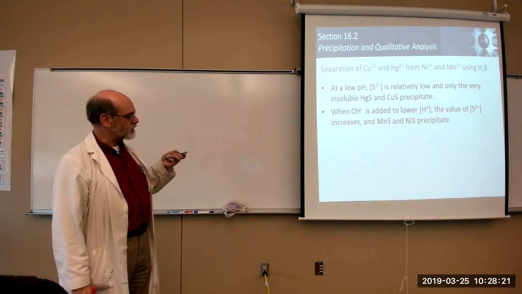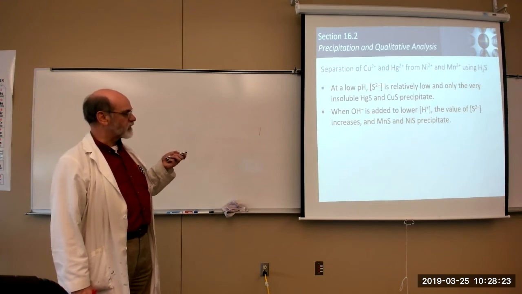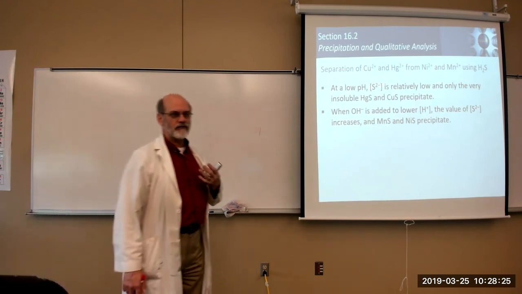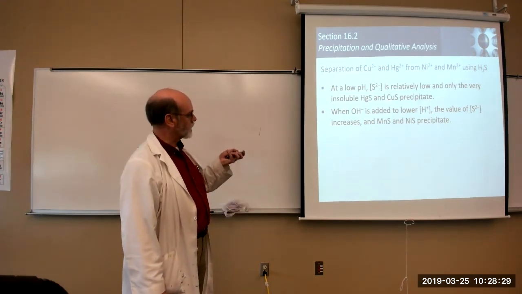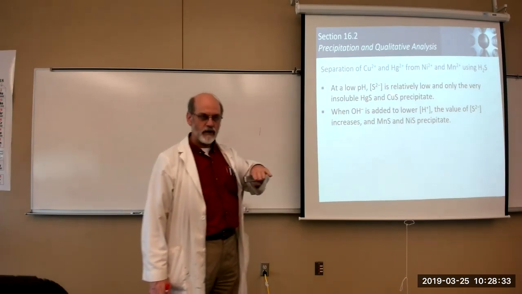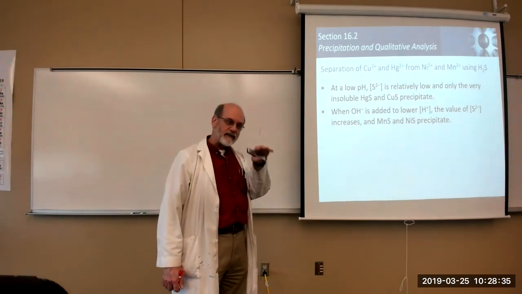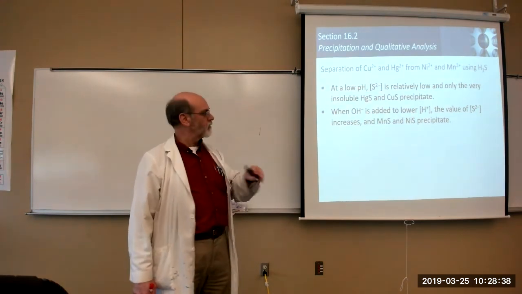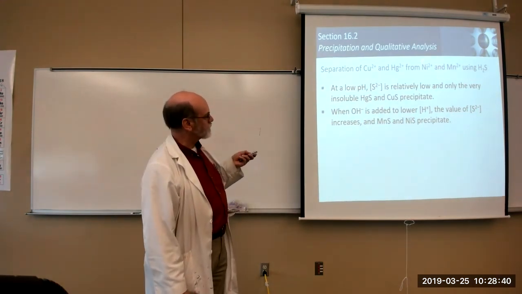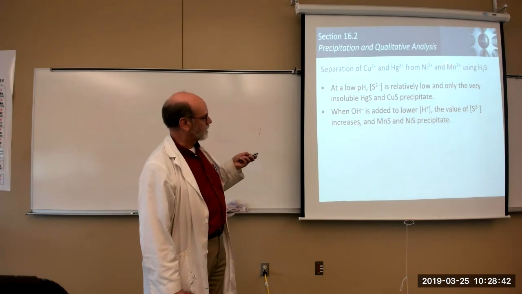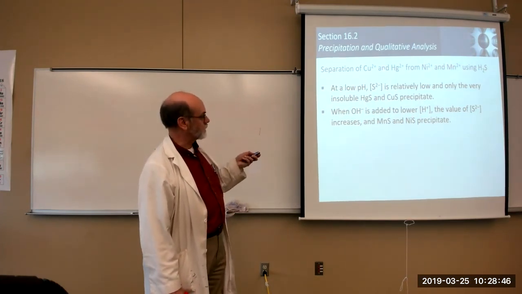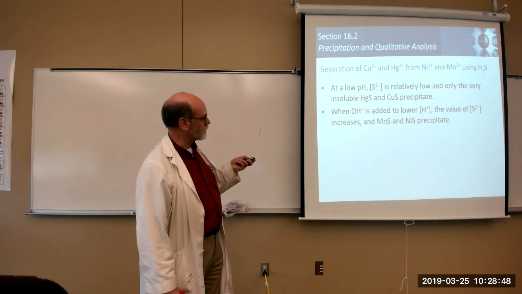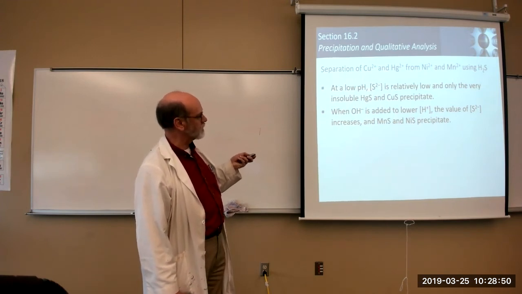Which means if you keep this low, then only the very insoluble sulfides will come out of solution, like mercury and copper. They have very low solubility products with sulfide. So we want to keep the sulfide concentration low so that it doesn't precipitate these. Their solubility products are higher than the sulfides for those. So we use an acidic solution, which means that the concentration is low here.